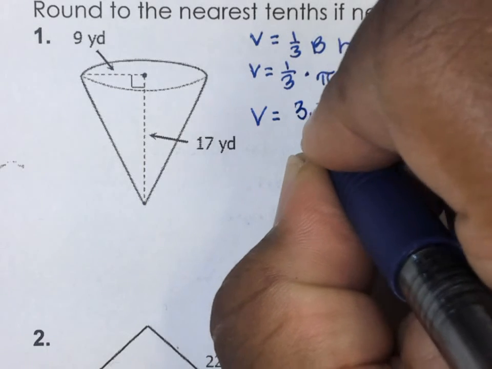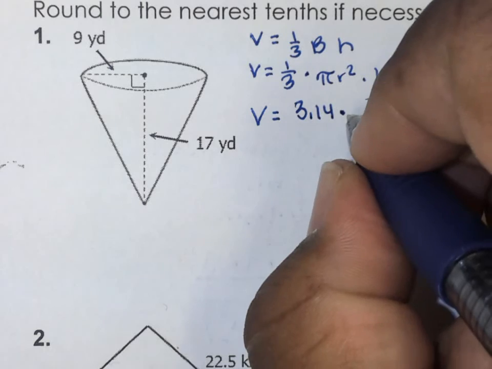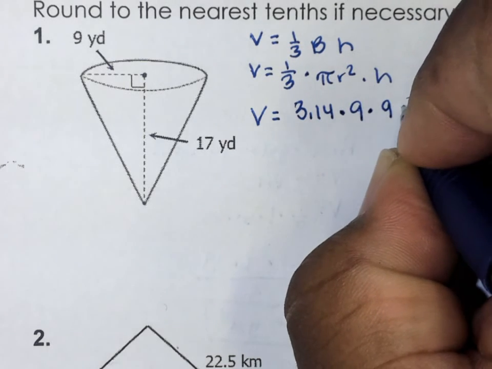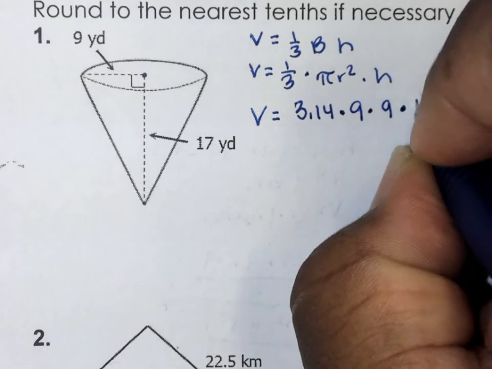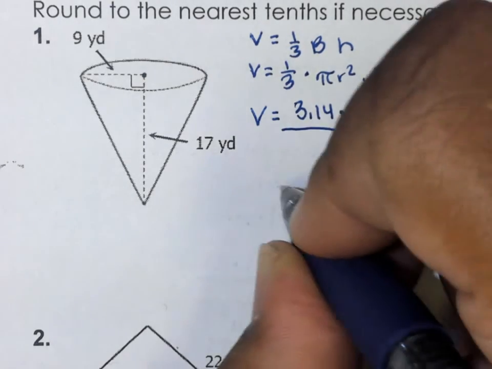So I'm going to say 3.14 times my radius, which is what? Just making sure. Times 9 times the height, 17, divided by 3.